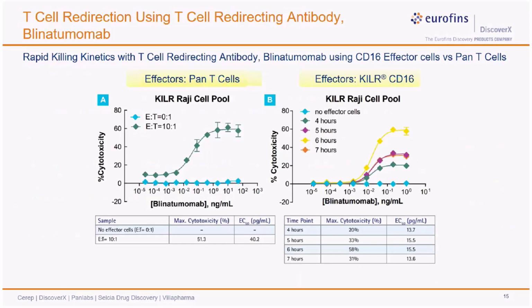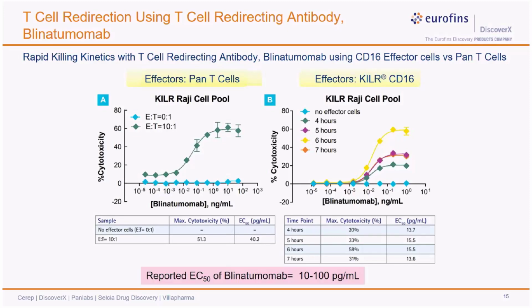So if you compare that to the killer effector cells on the right side, what you can see from the time course there is that the kinetics is much faster than we typically see with pan T cells. An optimal response comparable to what we saw with pan T cells could be achieved with only a 6-hour incubation of the BiTE molecule with the killer CD16 effector cells.